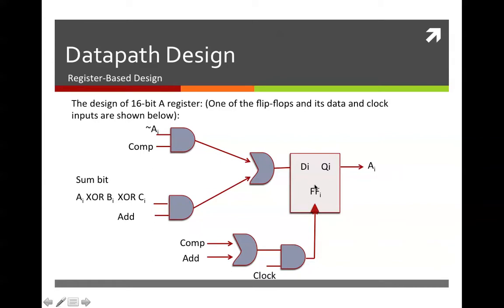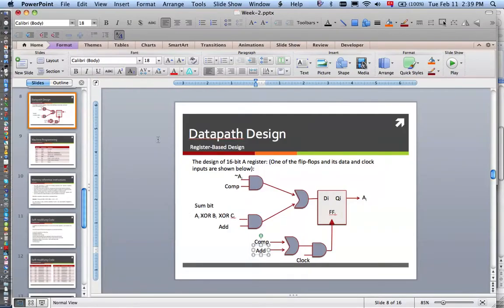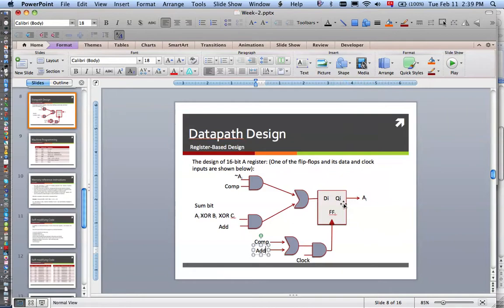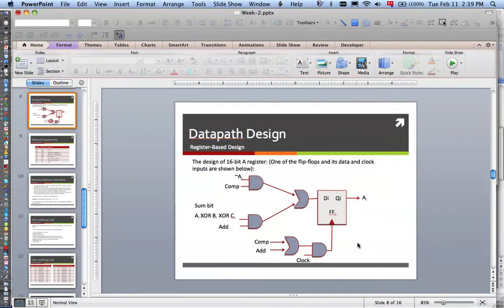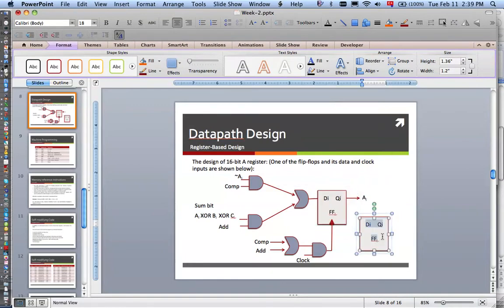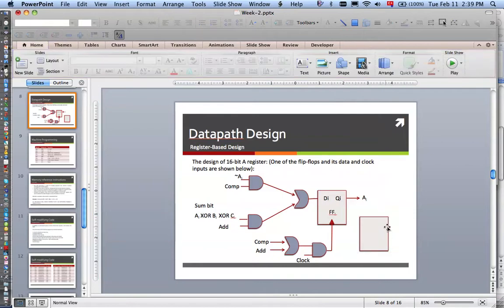If you think of these flip-flops running from left to right, a register is going to have lots of these. I can draw something here. Let's see if I can take this one, for example, just one of these things. I'll delete this whole thing.